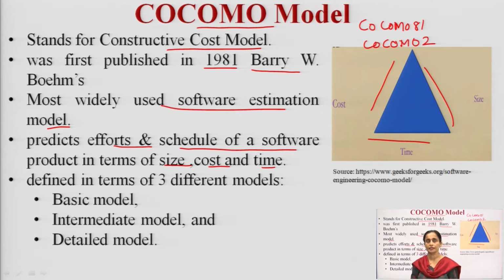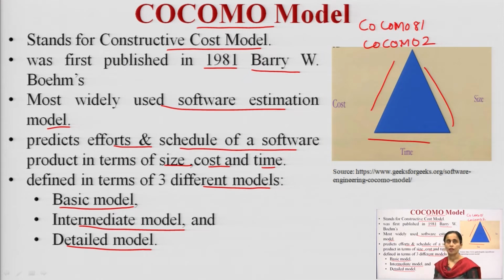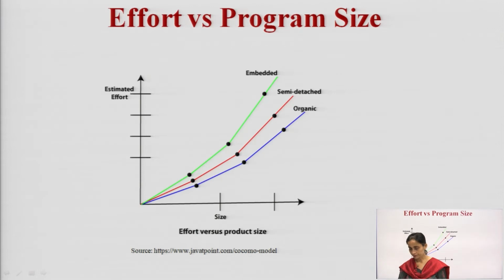This model is defined in three different models: the first one is the basic model, the second one is the intermediate model, and the third one is the detailed model. We will be discussing all these one by one.